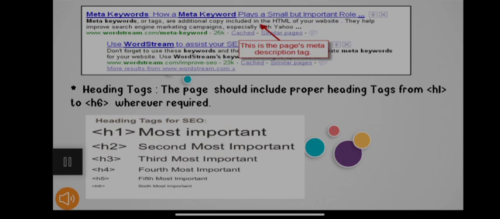Now here is an example of a meta tag. Here are some search results for meta keywords. Two links are available. Before opening the website, I have not opened that website, there is some information below that link. You can see that information.